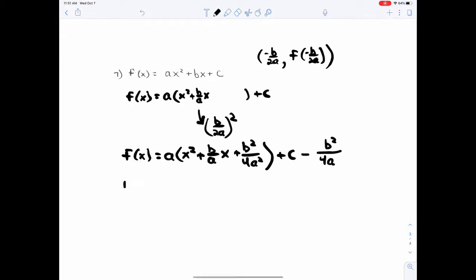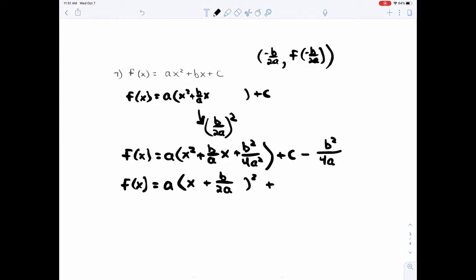Okay, so let's factor. What times what gives me x squared? x. Don't look at the middle term. What times what gives me b squared? b. What times what gives me 4? 2. What times what gives me a squared? a. And then I'm going to add these and get a common denominator. If you don't remember how to get a common denominator for stuff like this, that's fine.